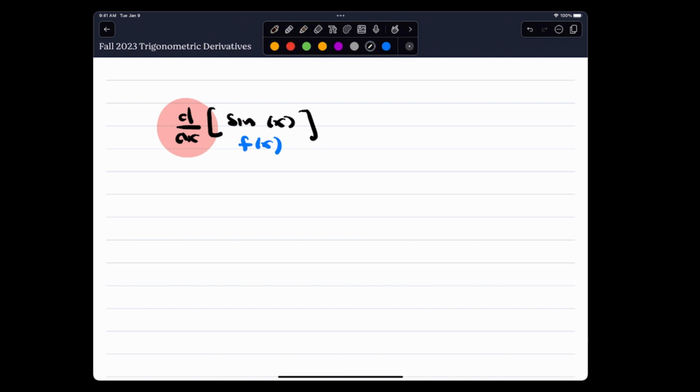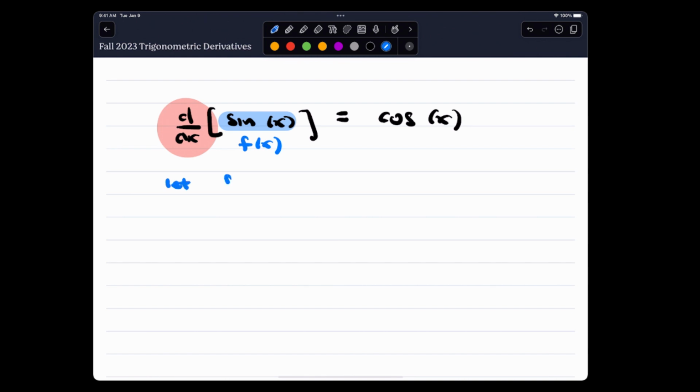Do you guys happen to know what the derivative of sine is? Some of you may already know. It's not uncommon that the derivative of sine is cosine. Okay? And then the real question is why? So we like to express why.